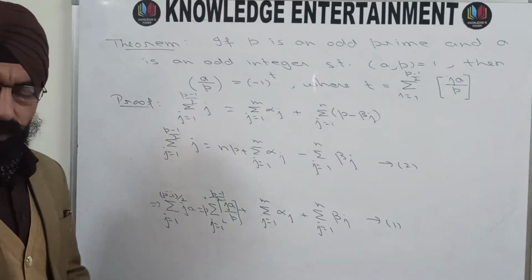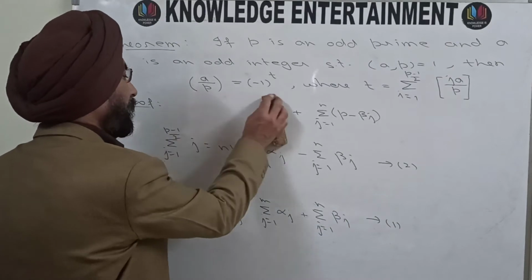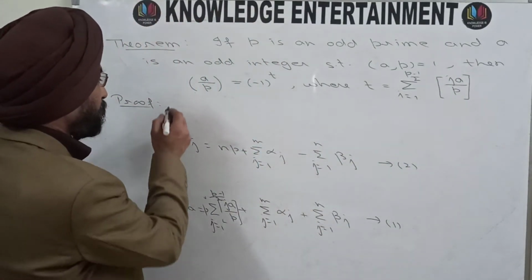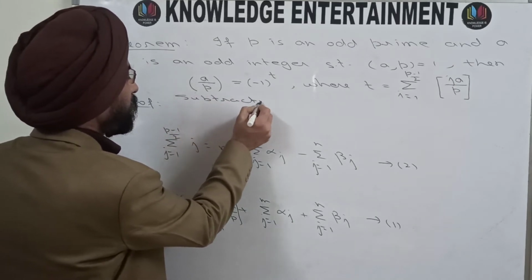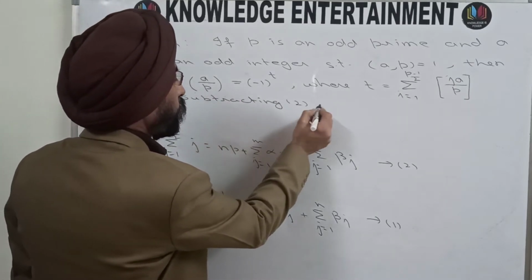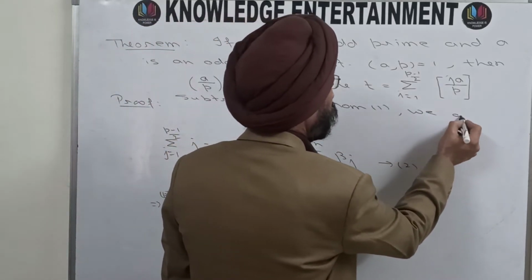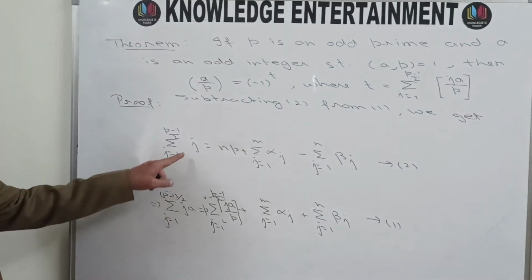Now operate 1 minus 2, that means subtract 2 from 1. Subtracting 2 from 1, what are we going to get? This minus this.